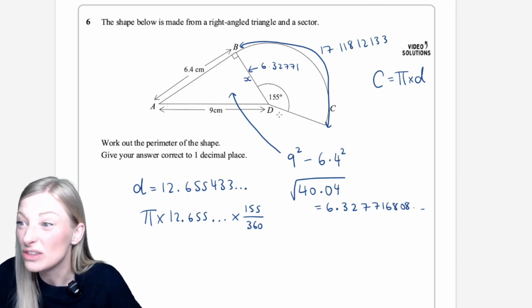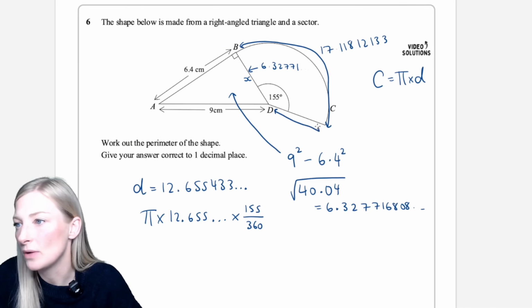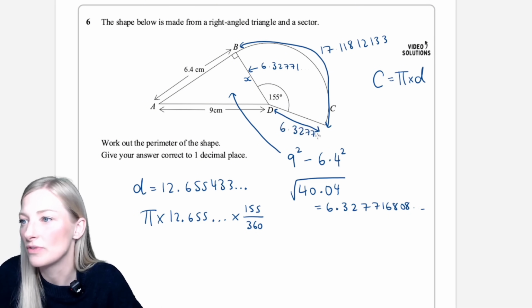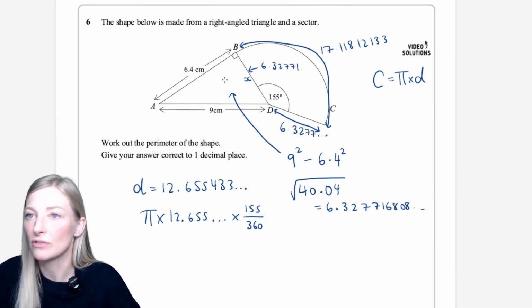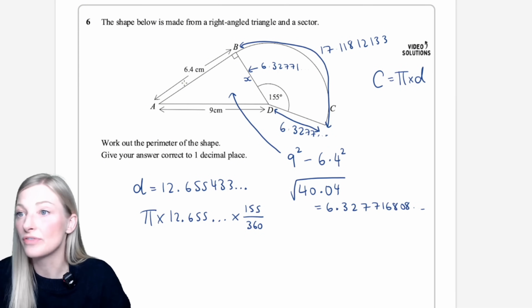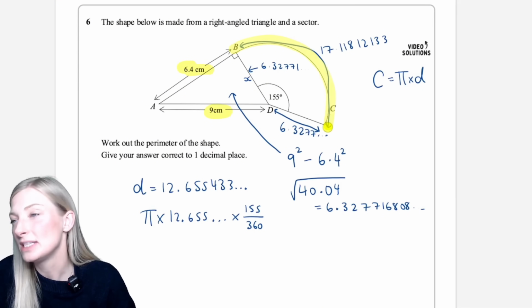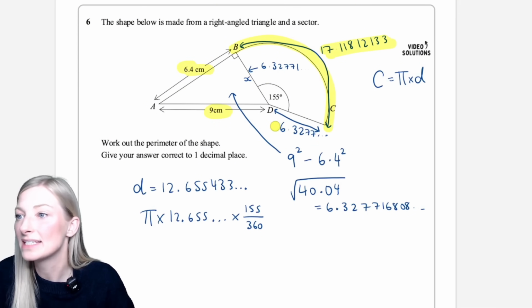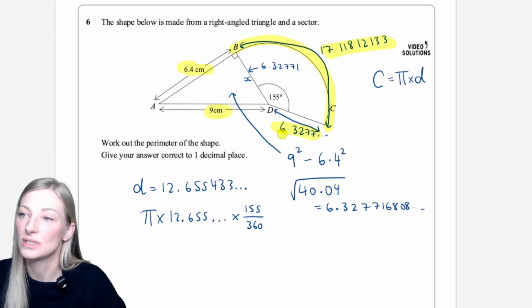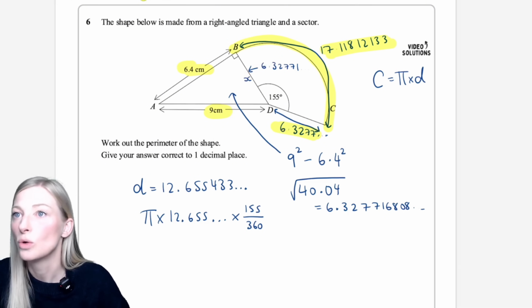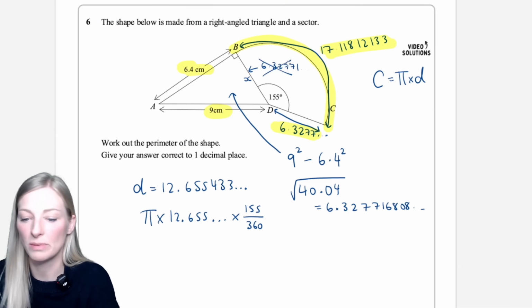And then I also need the radius again, don't I? So this bit here, we know from before is 6.3277. We've got that down there from when we did Pythagoras. I now just need to add all of those values together. So the 6.4, the 9, this bit here, the 17.118, and the 6.3277. I don't want this one, because that's not on the outside of the shape, that's not forming part of the perimeter.